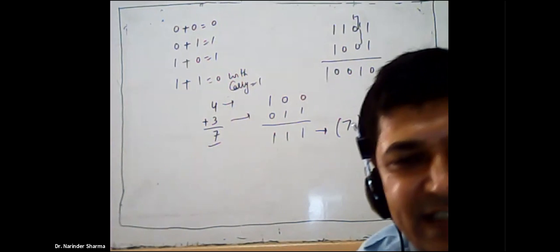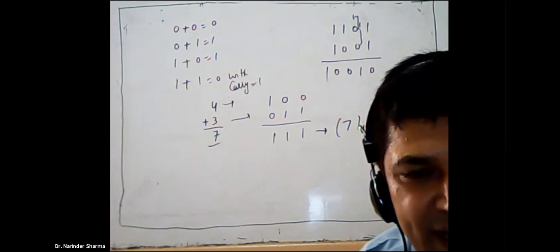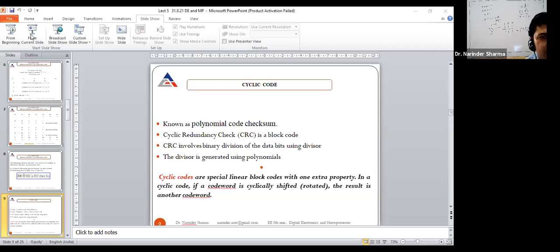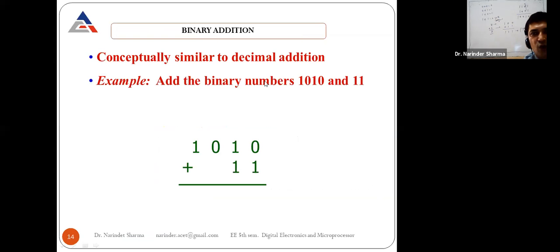Binary addition is quite useful because we can design circuits using it: half adder, full adder. We can design it. So here you can see on your screen, add the binary numbers 1 0 1 0 1 1 and 1 0 1 1 1 0.